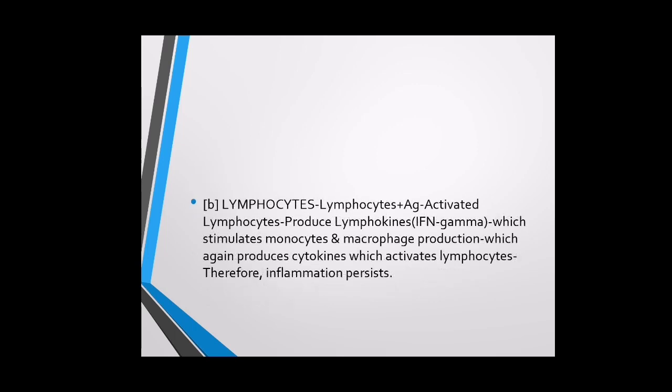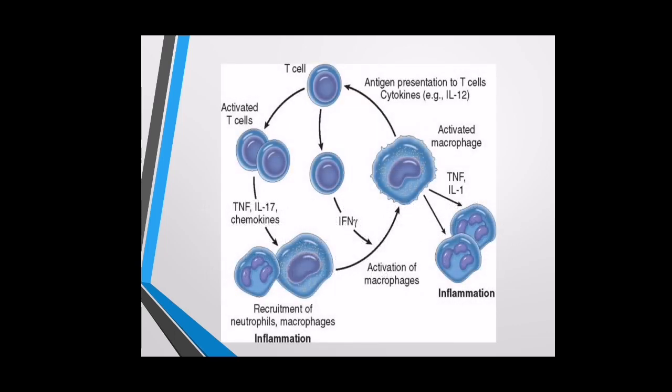Now, antigen-activated lymphocytes produce lymphokines such as interferon gamma, which stimulates monocyte and macrophage production, which again produces cytokines which activate lymphocytes. Therefore inflammation persists. Here you can see the lymphocytes and macrophages interact in a bidirectional way, and this interaction plays an important role in propagating chronic inflammation.